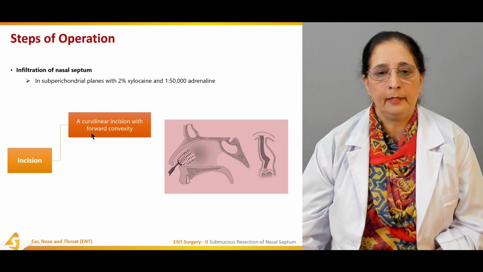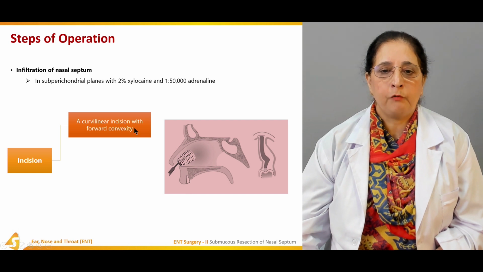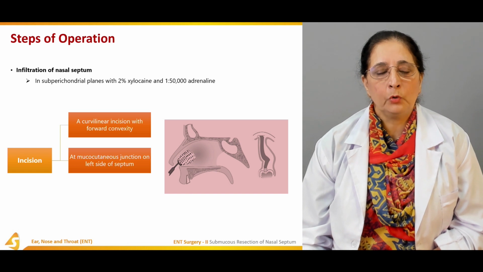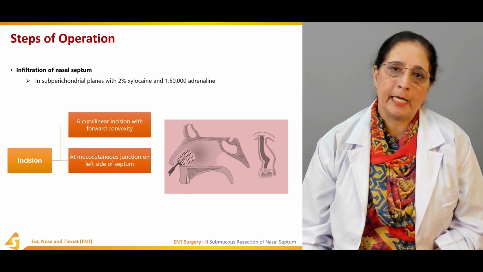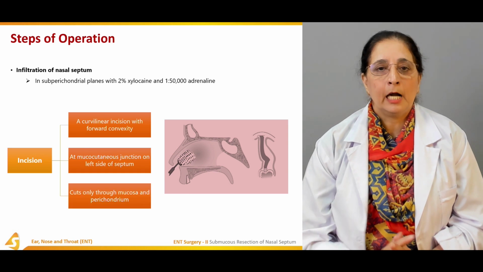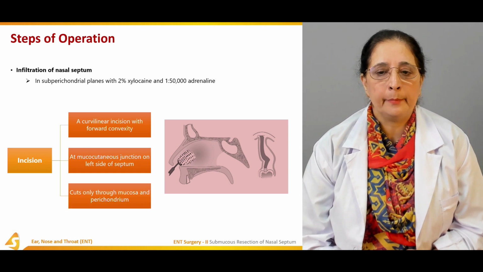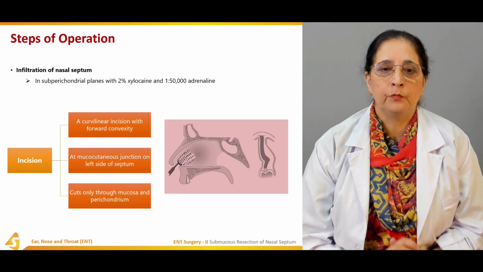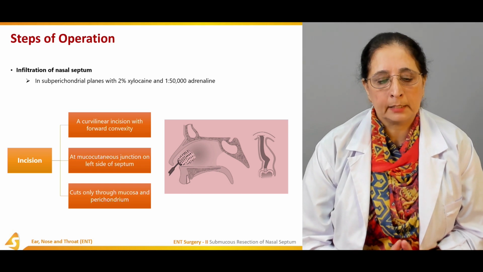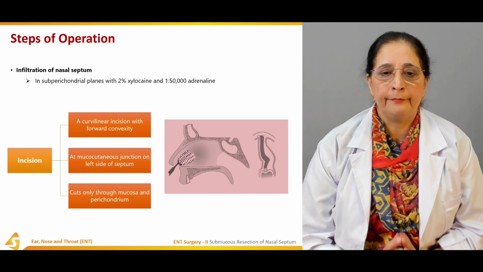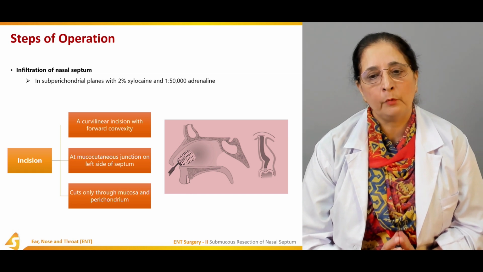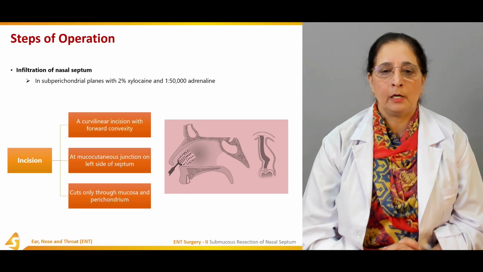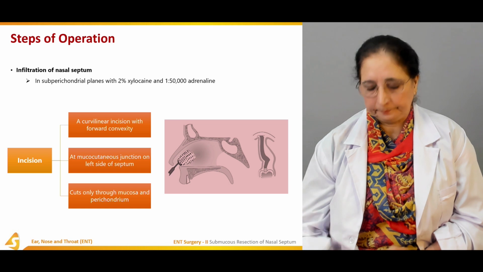A curvilinear incision with forward convexity at the mucocutaneous junction on the left side of the septum. It cuts only through mucosa and perichondrium. So these are the incisions used for submucosal resection.